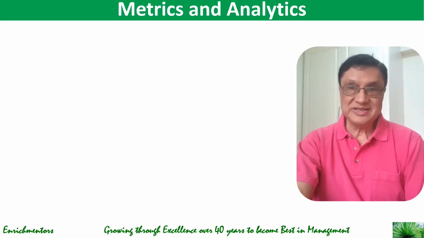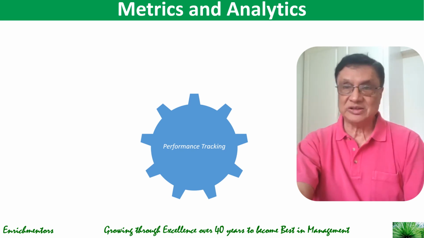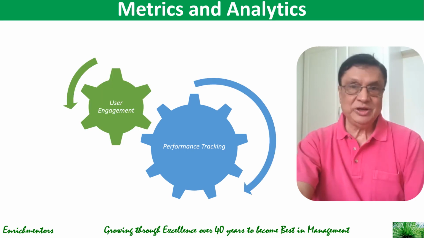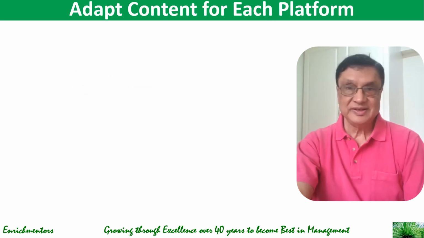What about metrics and analytics? You can do performance tracking. Use analytical tools provided by the platforms to track the performance of your short-lived content. Monitoring user engagement is another one, where you monitor metrics such as views, clicks, and engagement to understand what resonates with your audience.